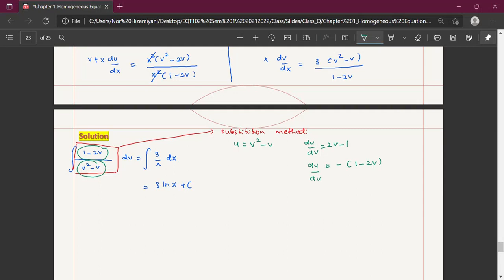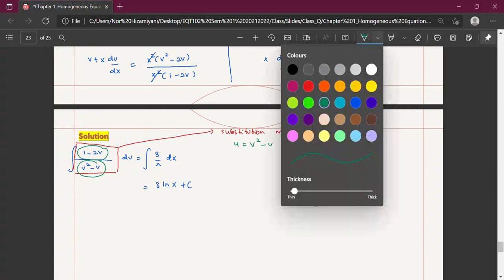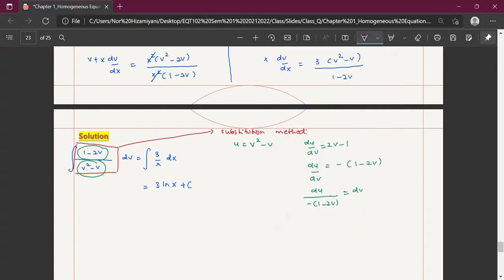So you can just rearrange. You will get du over negative (1 minus 2v) equal to dv. So you're going to use these two functions, u and also dv. So (1 minus 2v) over u, dv is du over negative (1 minus 2v).